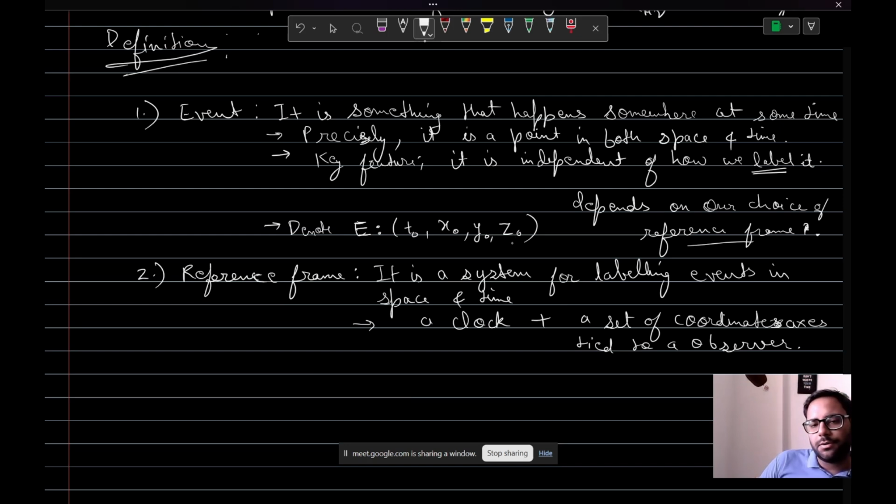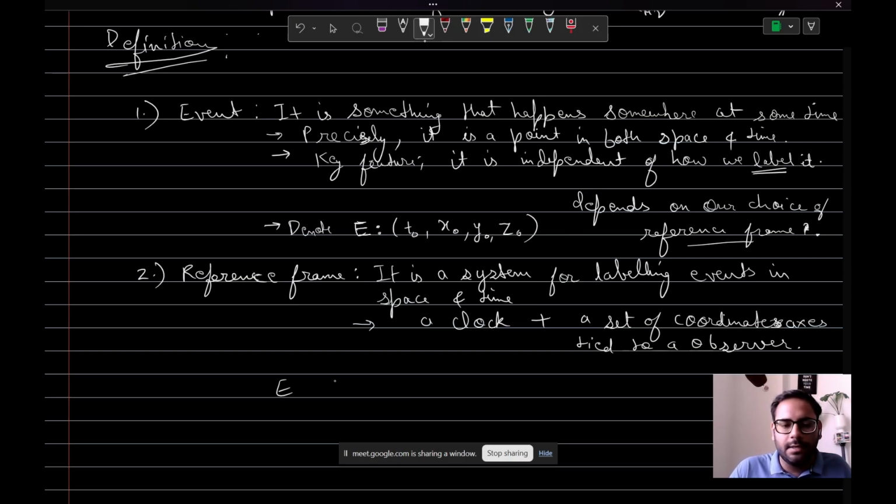You have three spatial coordinates and one temporal coordinate. If you specify these coordinates, then you call it an event. This is a point in both space and time. This is just a representation in one reference frame. The particular event is actually independent of how we label it.